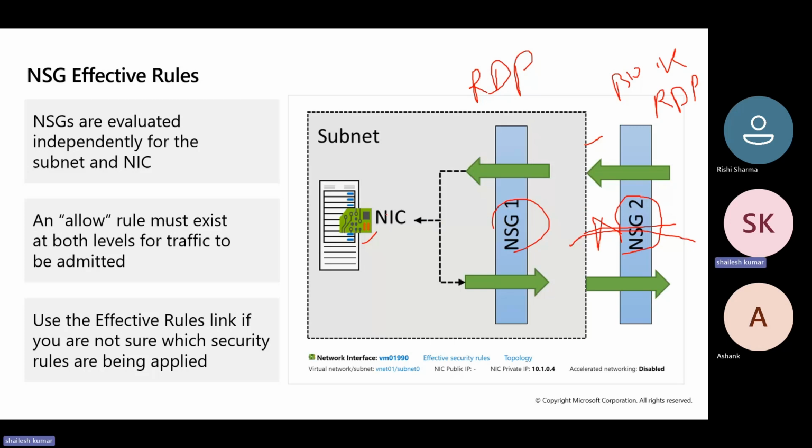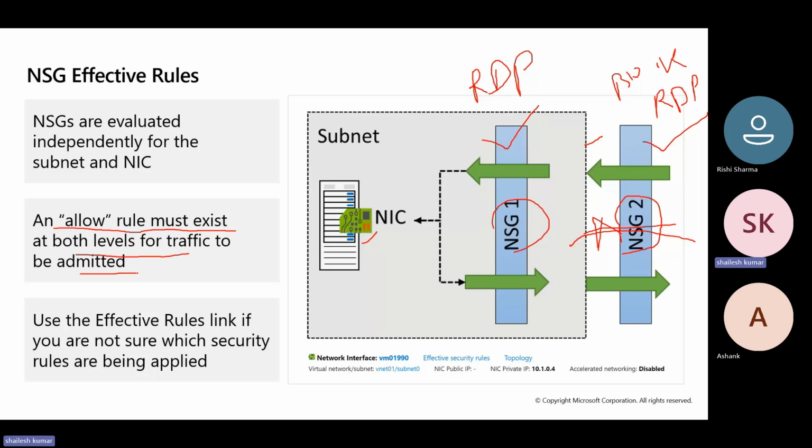So if you want to take the RDP of the VM also, you have to allow here also. Allow RDP on this level as well as allow RDP on this level, both. So an allow rule must exist at both levels for traffic to be admitted. You must have allow on both NSGs. Then only you can access the service.